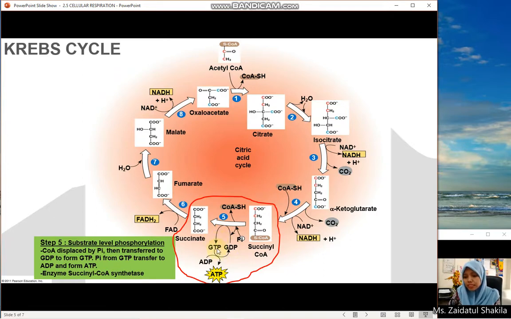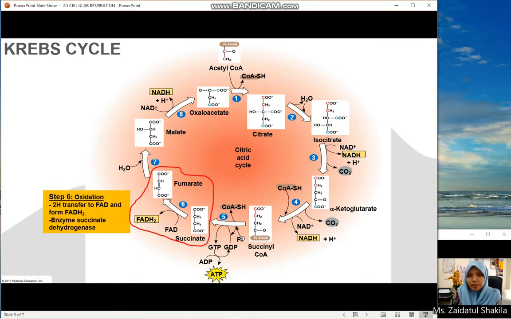And then in the next reaction the phosphate will transfer to ADP, adenosine diphosphate, forming adenosine triphosphate, ATP. And the product is succinate, which also contains 4 carbon atoms. And this reaction is mediated by the succinyl coenzyme A synthetase enzyme.